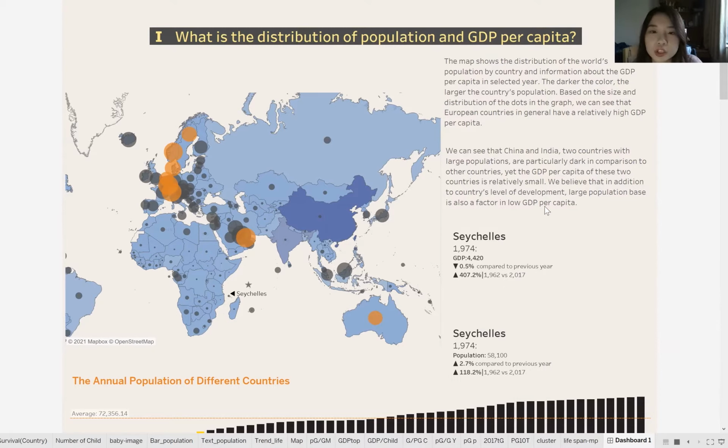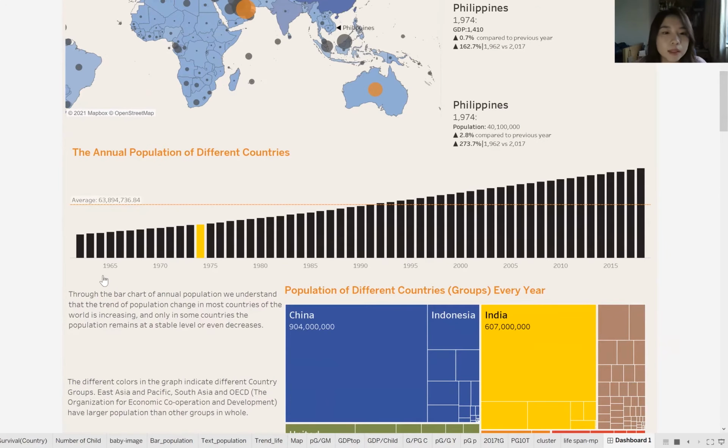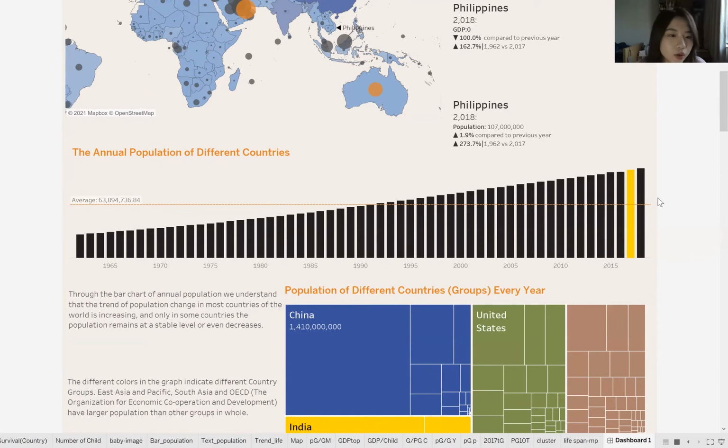We can see that China and India are 2 countries with large populations, but their GDP per capita is relatively small. We believe that in addition to countries' level of development, a large population base is also a factor leading to low GDP per capita. Then this is a bar chart that shows the annual population of different countries.